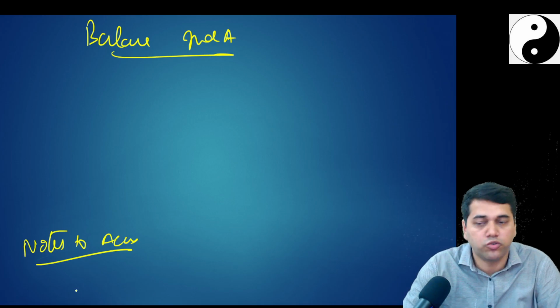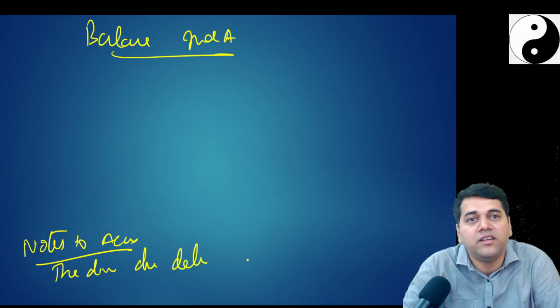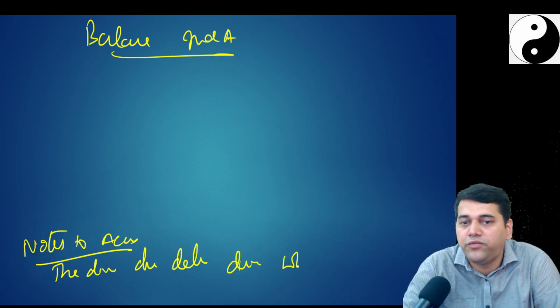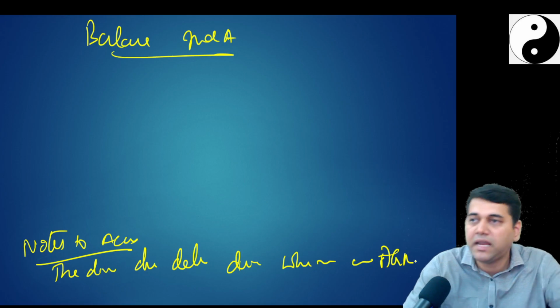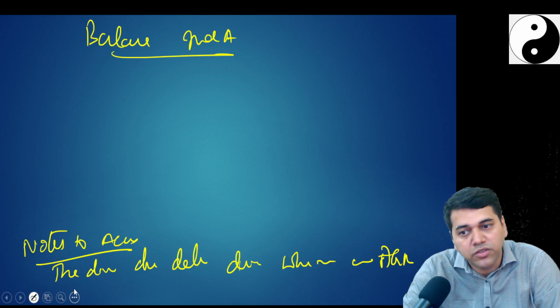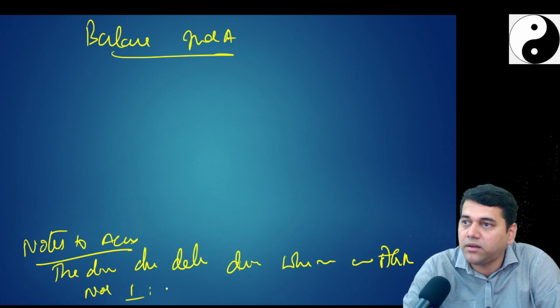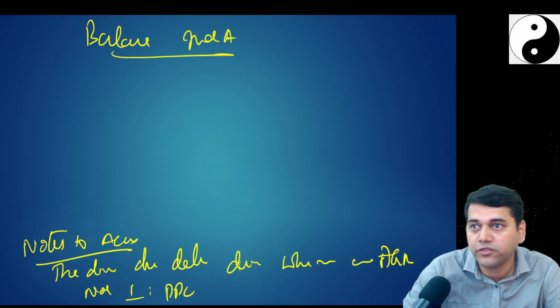The very first note is that the directors have declared a dividend which needs to be approved in the AGM. Any balance sheet you take, the first note to accounts is this. Then comes note number 1, PP, which is an explanation to the CFO's queries only.